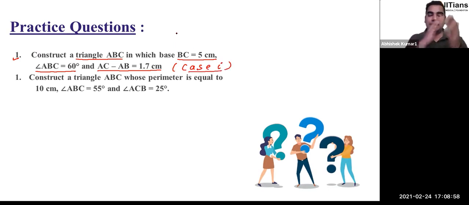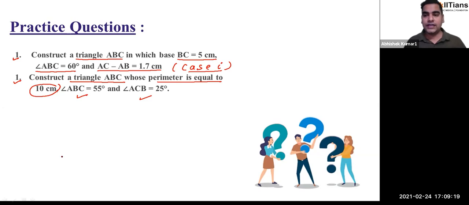The second problem is based on case two, where you are provided the perimeter, which is equal to 10 centimeters in this situation, and both base angles. These two problems you have to try as homework. In case you feel any problem or get stuck anywhere, feel free to get in touch with your expert. They will help you out with that.